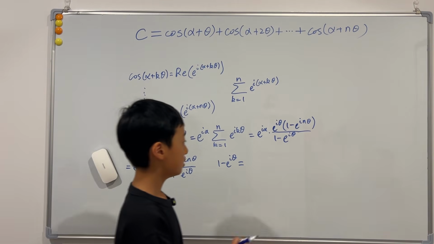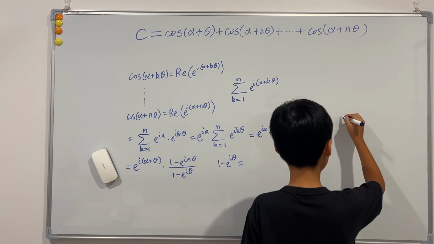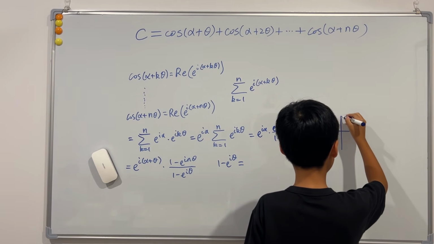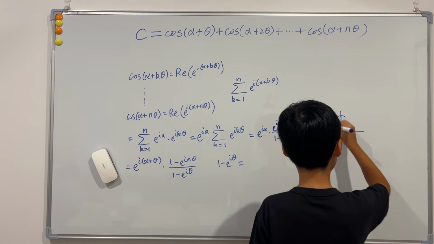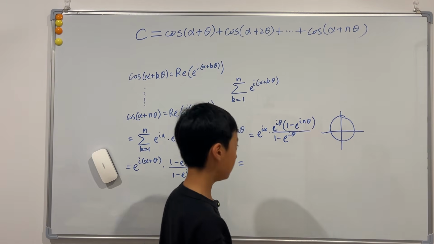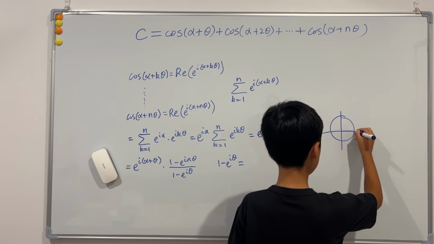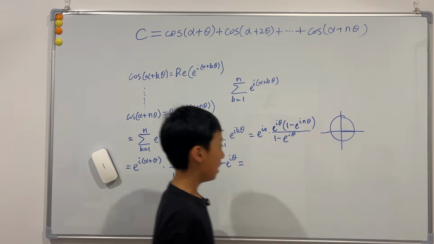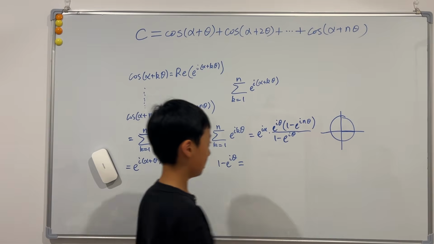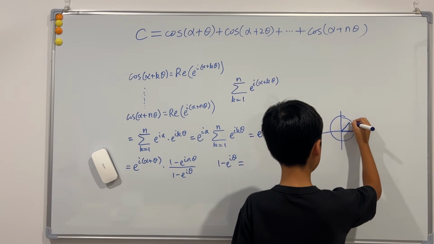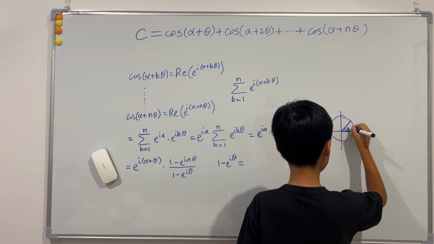But before we do that, if you just want a slight recap of what we did in that video, I'll draw it for you. So, if you have the Argand diagram and you have a unit circle, then we see that 1 is, of course, since this is the unit circle, this. And then e to the i theta is this. And this is theta.